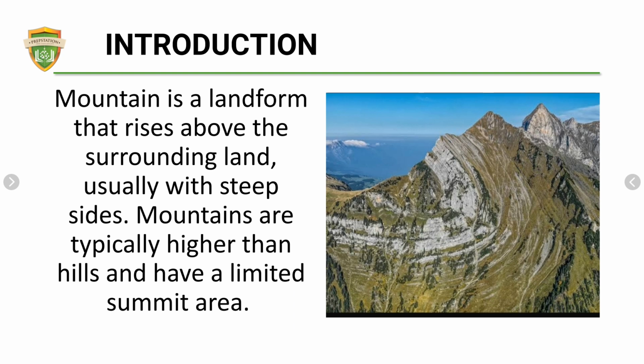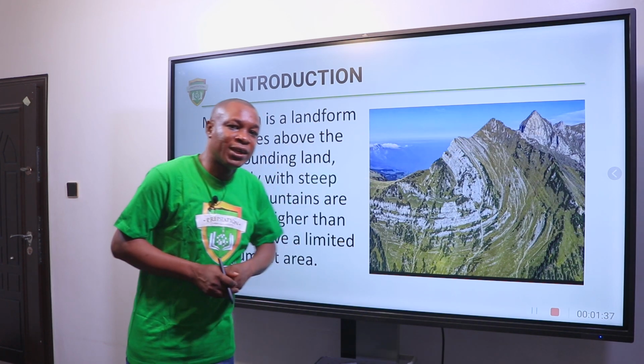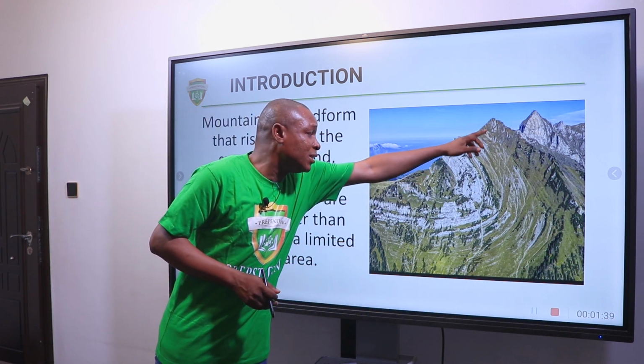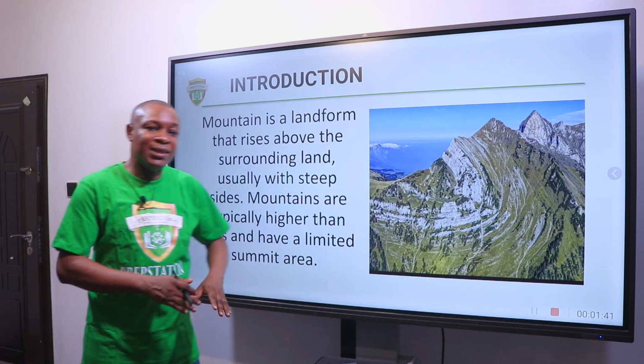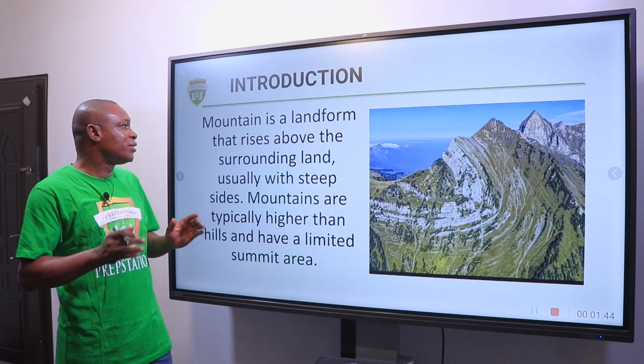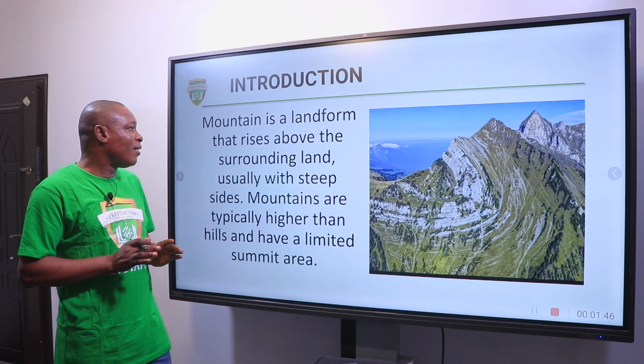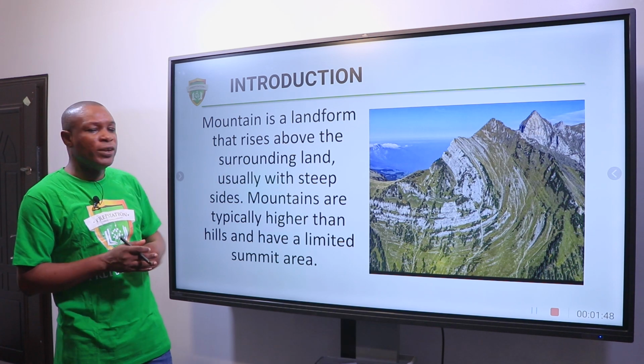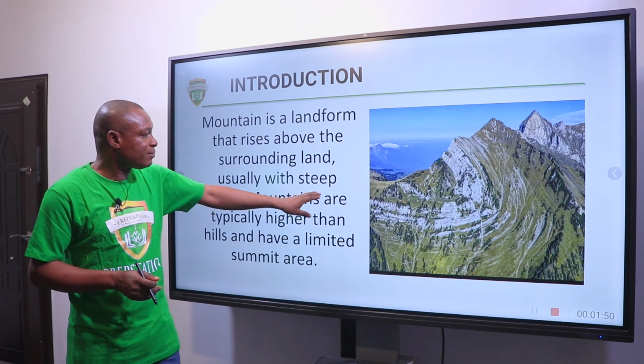Mountains are typically higher than the hills and have a limited summit area. This is what we call the summit area. The summit area is relatively small and the base is large. So mountains are landforms that rise above the surrounding land.